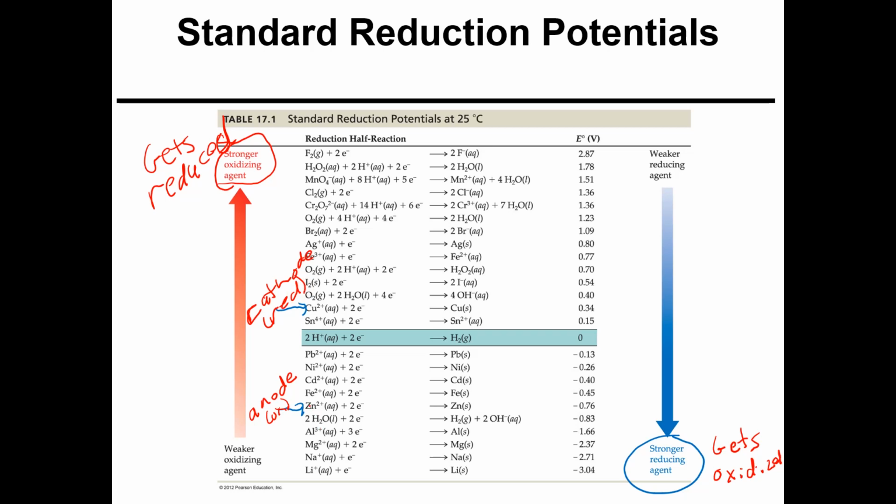So if we were going to write a cell between zinc and copper, for zinc we would actually switch this, so it would be zinc forms Zn2+ plus 2e-, so it would contribute a voltage of positive 0.76 volts. And then copper would stay as it is.